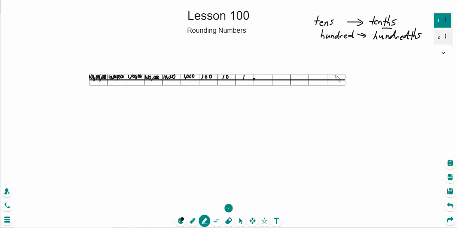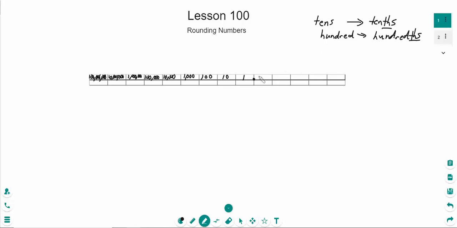So we have all these THs at the end of the houses to the right of our decimal point. And the one thing to remember is that there is no ones house, okay? When we move to the right of the decimal point, we jump right into the tens. All right? It's a little bit different than the houses to the left.